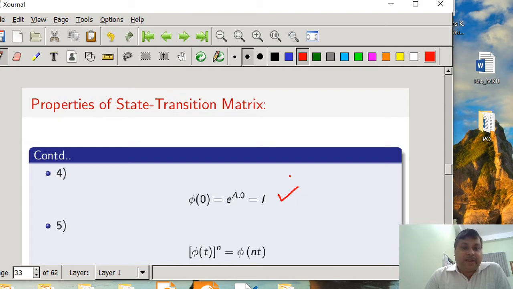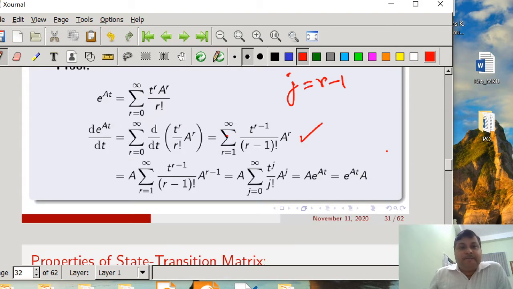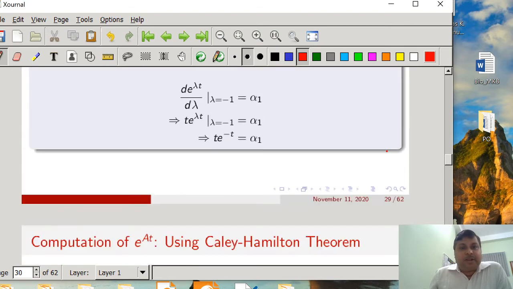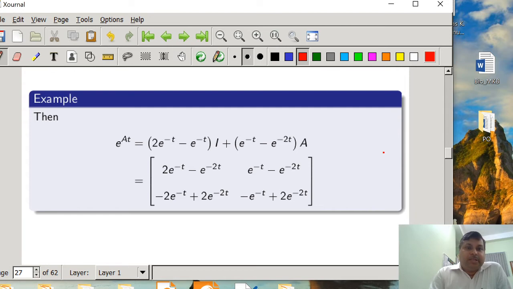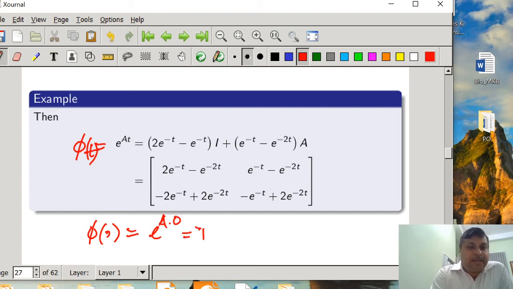So suppose we assume it is phi of t, then phi of 0 will be e to the power a into 0, always the identity matrix. So you just verify.